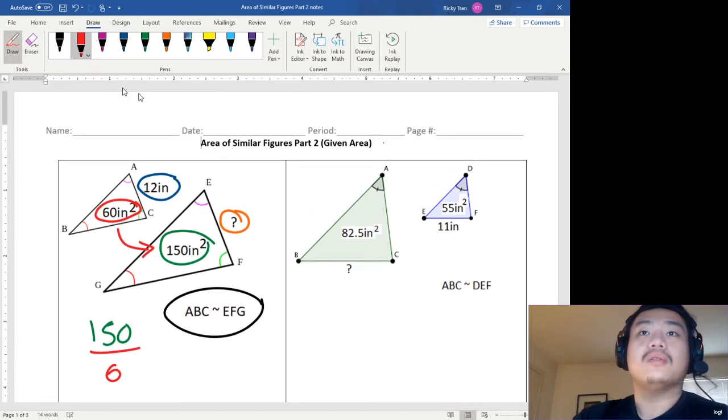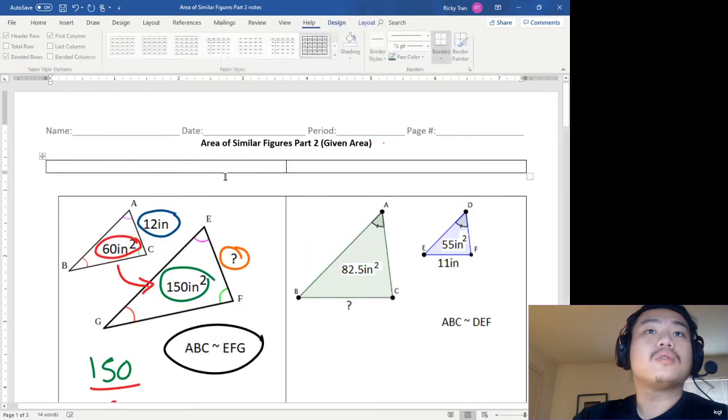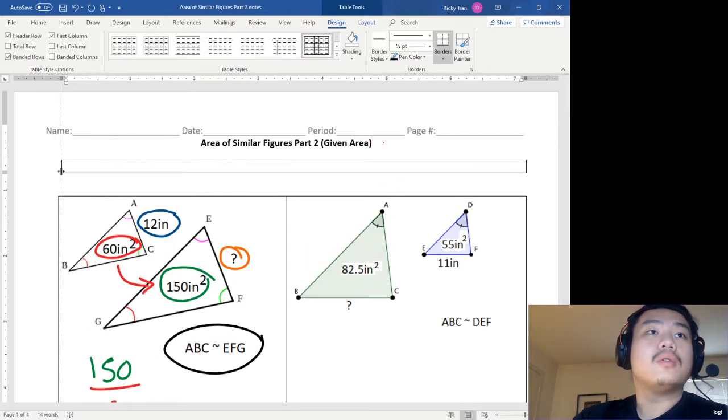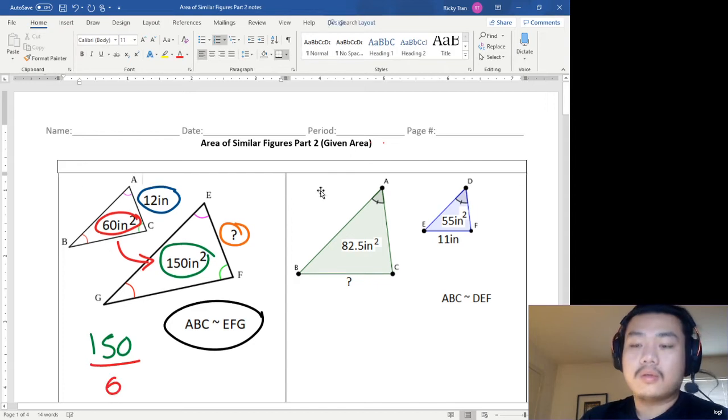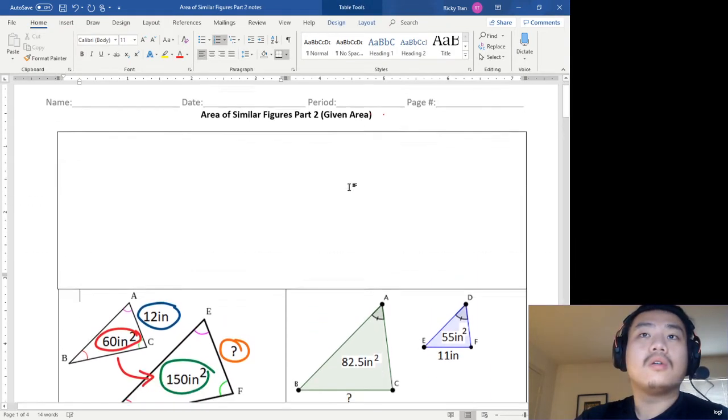Okay, another note. Insert just a quick blank table. There we go. All right.